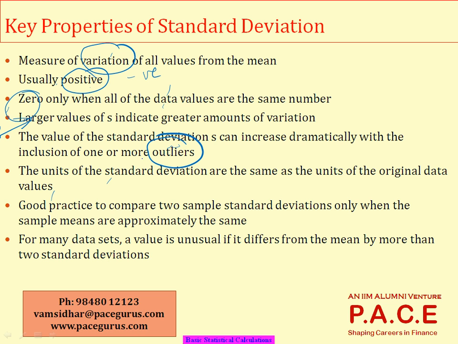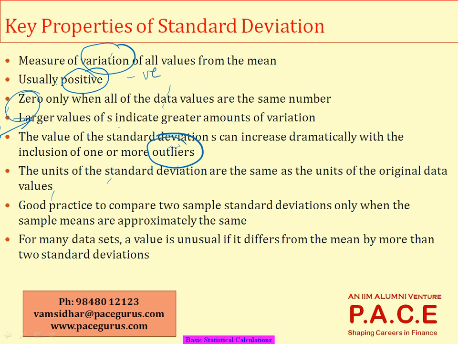If your data has very high or very low outliers, on the very positive side or on the very negative side, standard deviation is very heavily affected by it. Just like the mean is affected heavily, the standard deviation is also affected, because the formula for standard deviation is nothing but deviation from the mean. So if the mean is affected, the standard deviation is also badly affected.